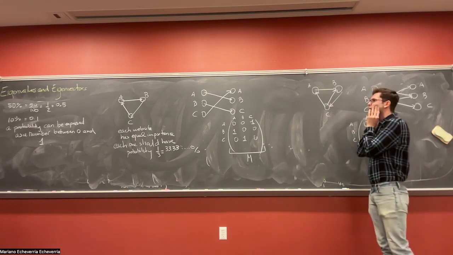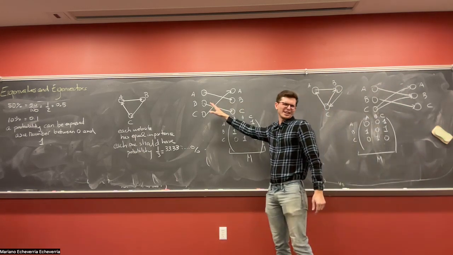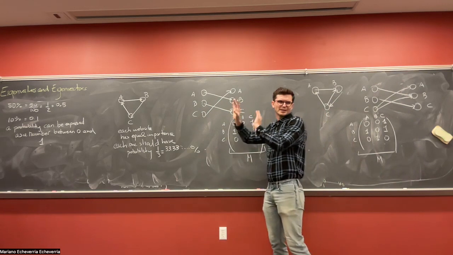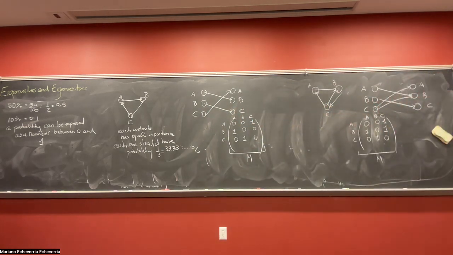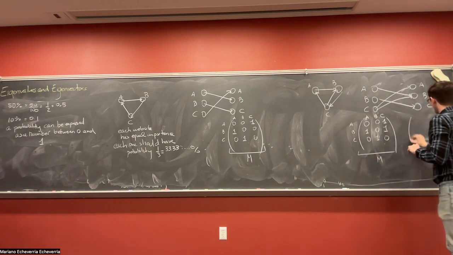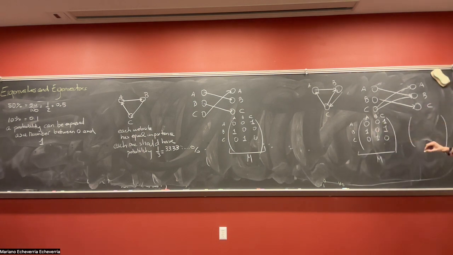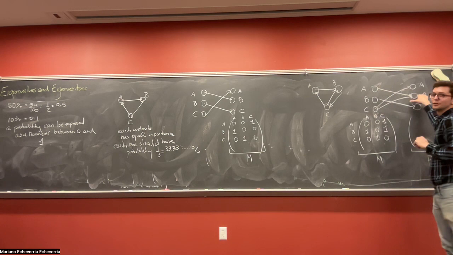It's clear, at least, that it cannot be the case now that they're all equally important, because of this splitting that C has. So you have to think about this in a slightly different way. But the first thing that I'll do is, we have this matrix, but let's do another matrix, called P for probability, which tells you the probability that if you are in one of these websites, you'll go to the other website.